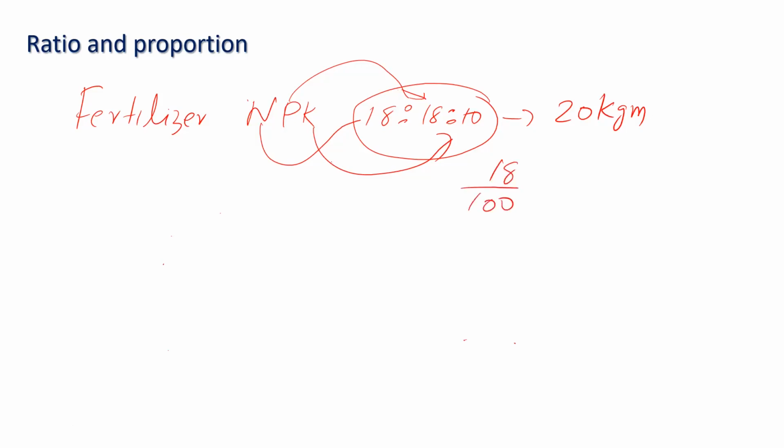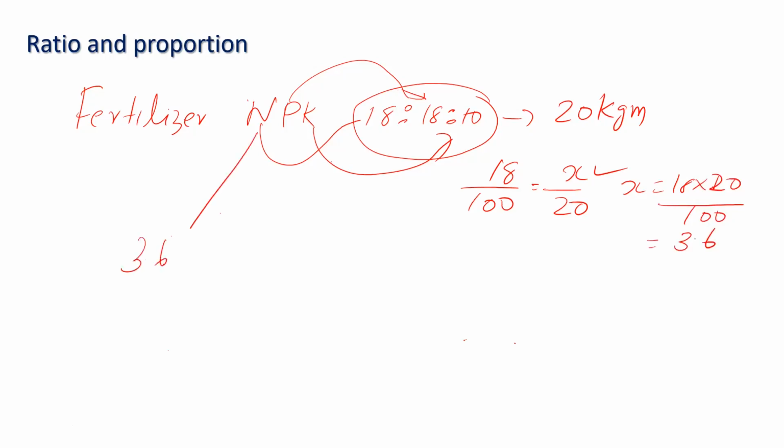If the whole is 100 here, then x out of 20. How much out of 20? We have to calculate it. We can simply calculate x is equal to 18 into 20 upon 100, which is equal to 3.6. That means nitrogen will be 3.6 if it is in kilograms.